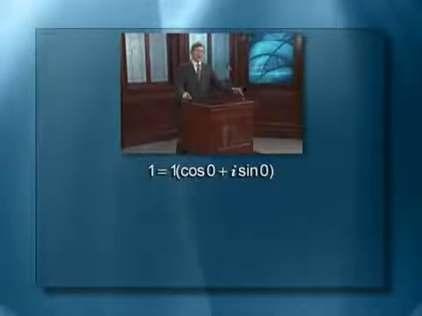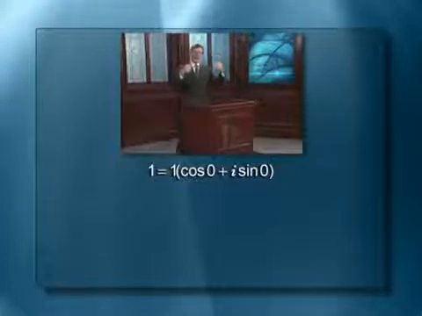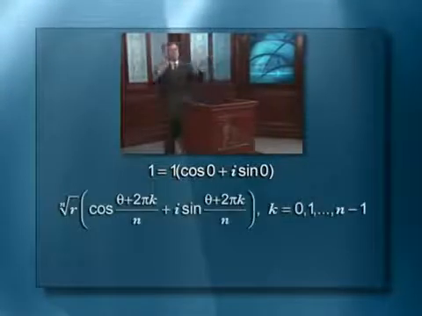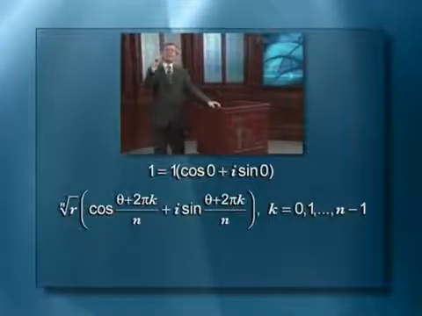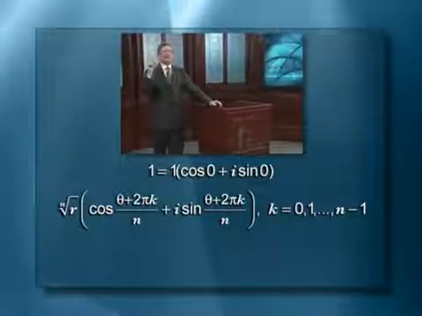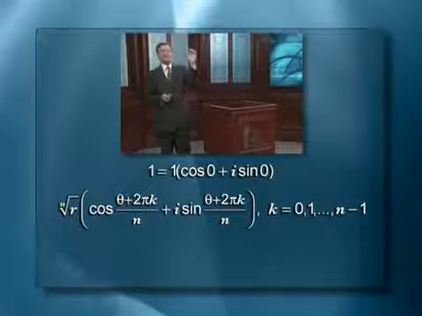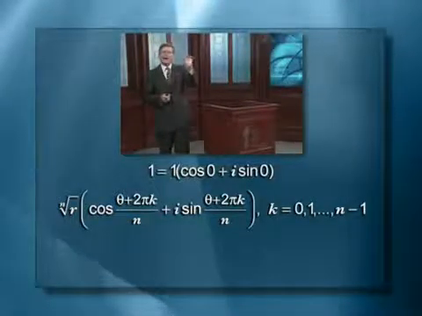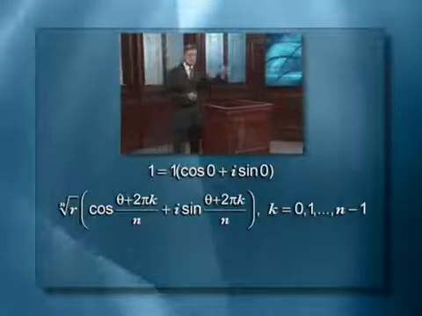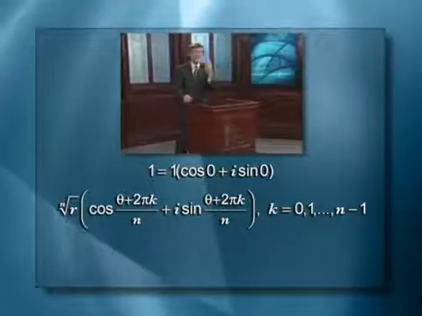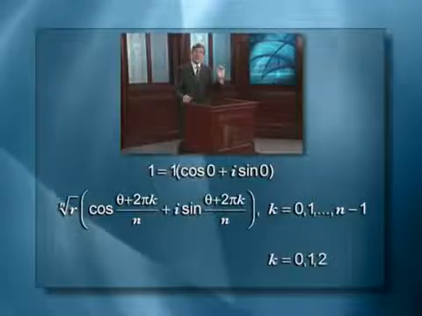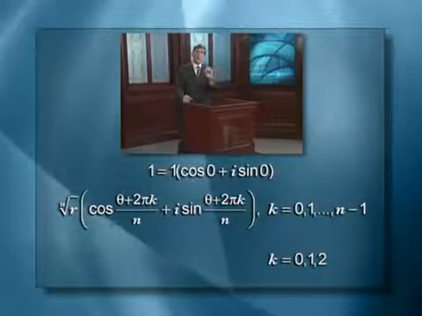Okay. What are the 3 cube roots? Well, the nth root formula would be the nth root of r times cosine of theta plus 2 pi k over n, plus i sine of theta plus 2 pi k over n, k going from 0 to n minus 1. Here n is 3, so k goes 0, 1, 2.